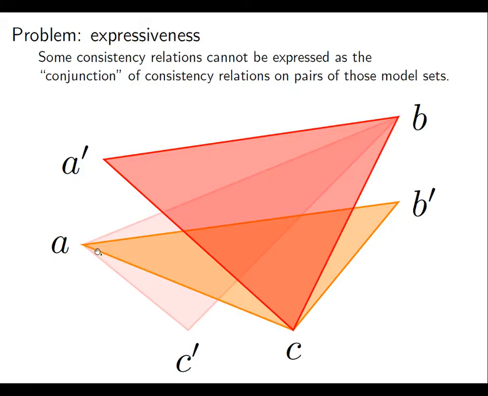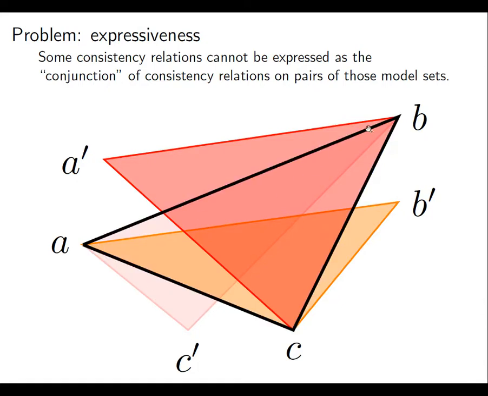It was an edge of this triangle we were given, A, B and C primed. And similarly, we're going to be forced to include the edge between B and C in the BC binary relation, and we're going to be forced to include the AC edge in our binary relation between the model sets A and the model set C.